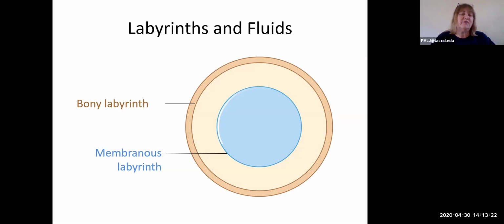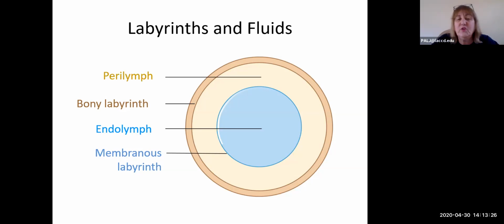And then there's a different fluid inside the membranous labyrinth. So the fluid between the bony and membranous labyrinth is called perilymph because it goes around the membranous labyrinth, whereas the fluid inside the membranous labyrinth is called endolymph because it goes inside.